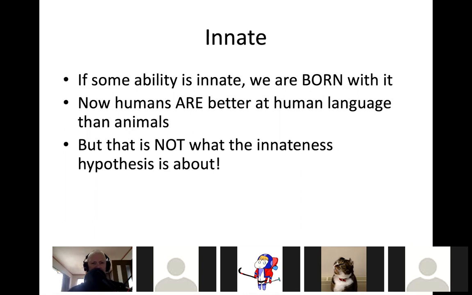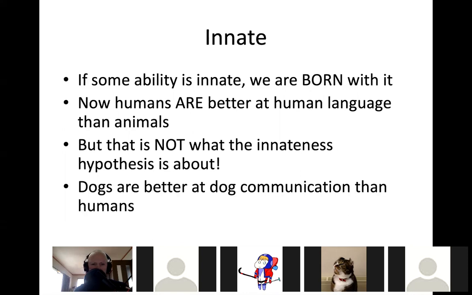We are better at language, human language, than animals. But that's not what the innateness hypothesis is. So be careful with that. It's true that dogs are better at dog communication than humans, for example, right? And if you try to communicate with other dogs, well, a dog will do it better, right? So that doesn't really prove anything.